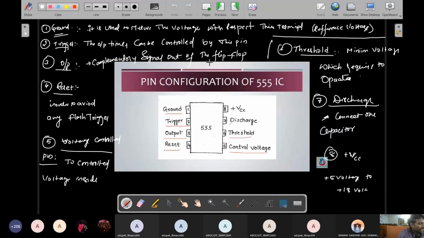Now I'll move to the internal architecture, that is called the block diagram of the 555 IC. Sometimes they ask in the question, explain the block diagram of the 555 IC, otherwise explain the internal architecture of the 555 IC. So that is the question.